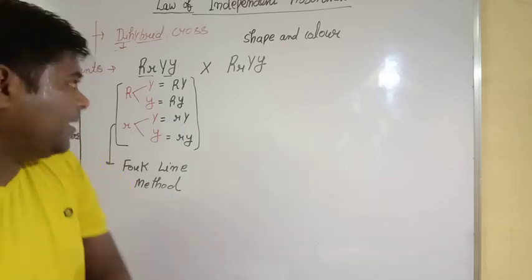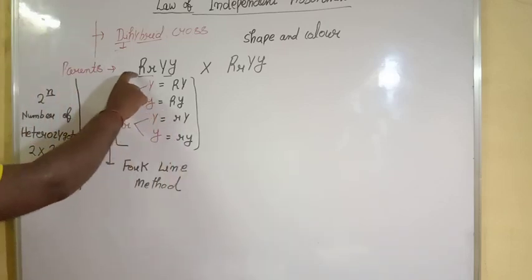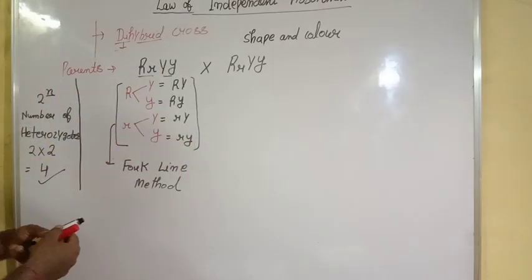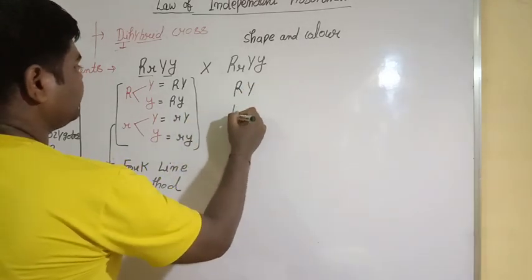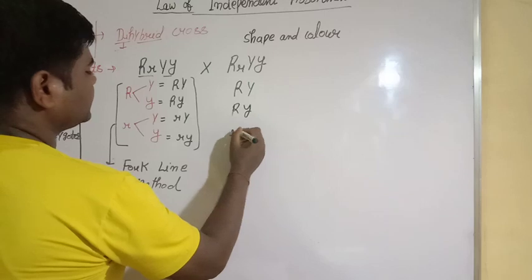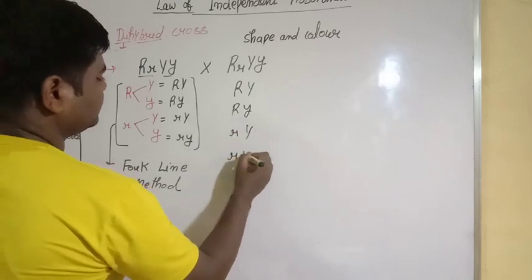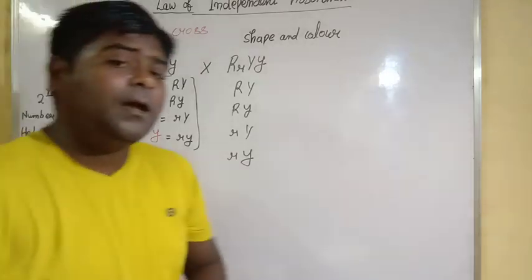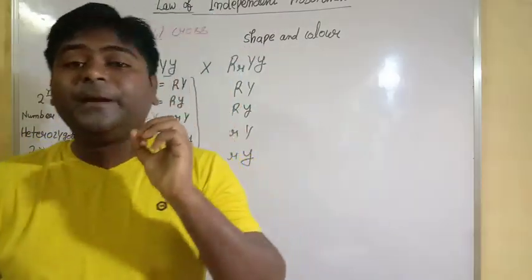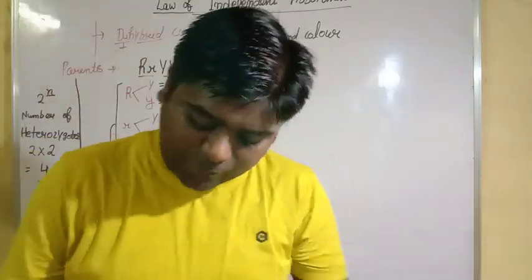Then we have, see, this is the same. Here is also the same. So we have 4 kinds of gametes, you can see. Now we will have to place them into a Punnett square.